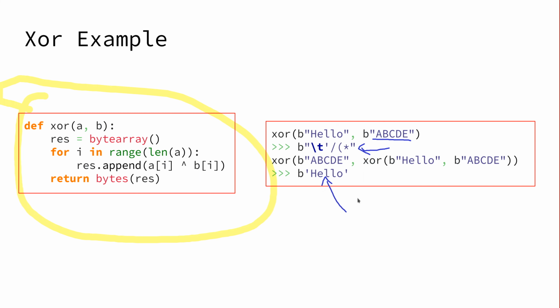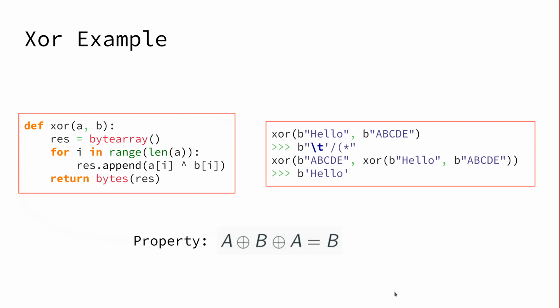So it seems like we can use XOR for symmetric cryptography purposes, since we can look at this ABCDE as the key and hello as the message. And in between, after the encryption, we have this gibberish, and after this decryption with the same key, we have the message again.